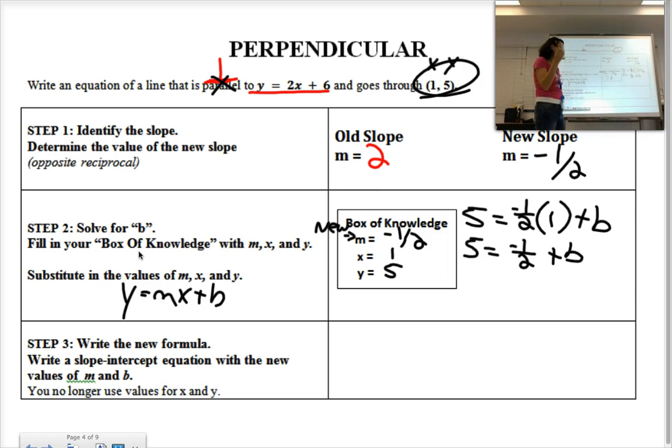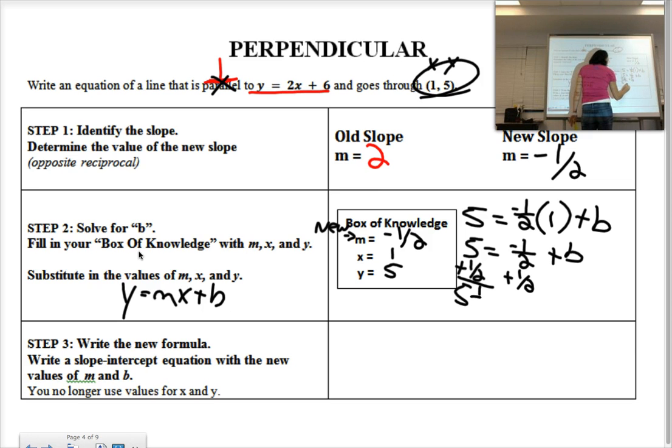I need b by itself, so I'm going to add 1/2 to both sides. That's going to be 5 plus 1/2, which is 5.5. Or you could write it as 5 and 1/2, I don't care. This goes away, and I'm just left with b.